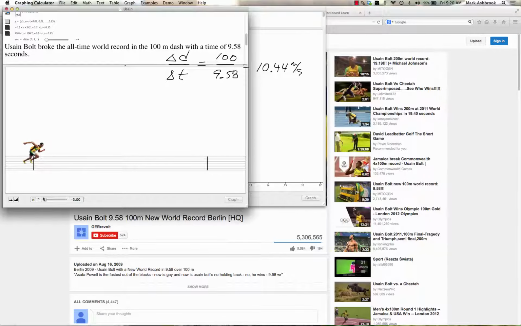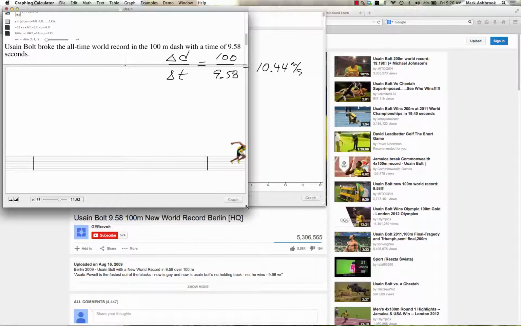See if it works now. There it goes. Okay, so this is reproducing that race. So it's trying to mimic how he ran the race.